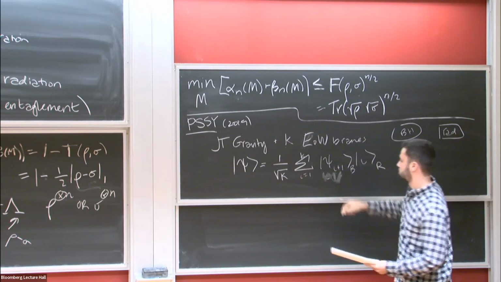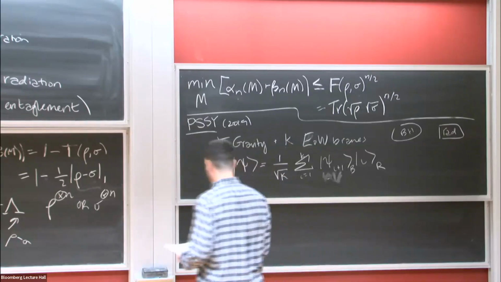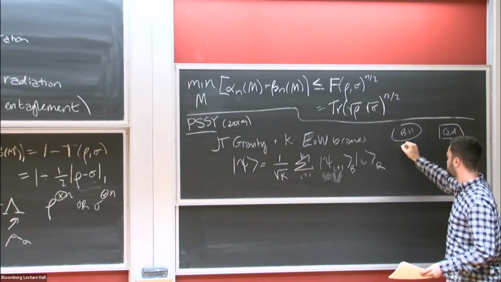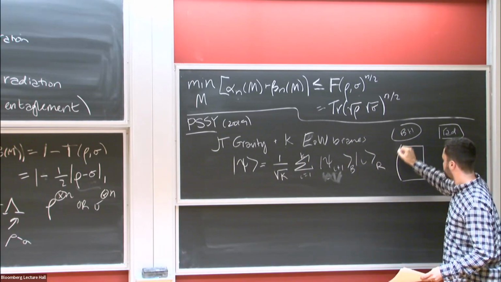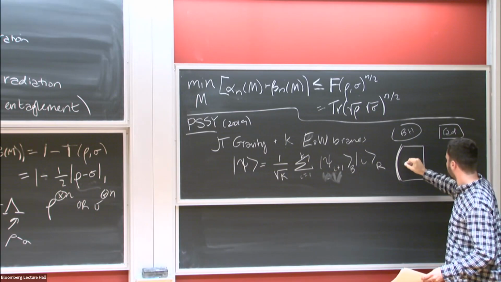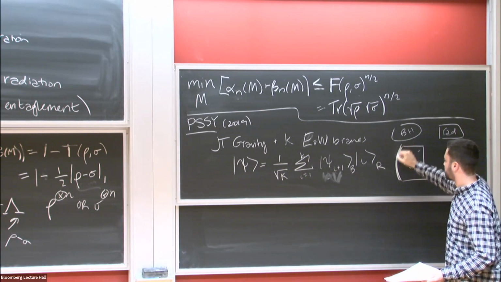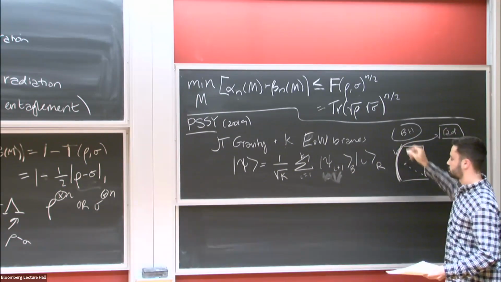This is the model. Here, let me just draw a picture of what the black hole looks like. We have some brane behind a horizon, and the flavors of this brane are entangled with the states of the radiation.